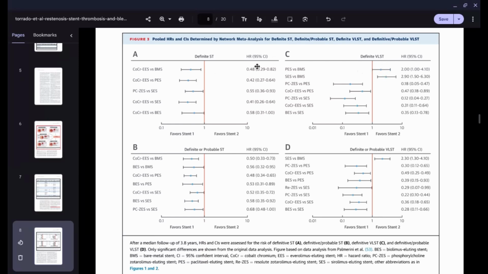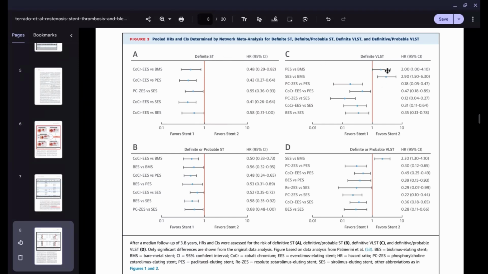And of course there is also a distinction between stent thrombosis and very late stent thrombosis. They are further trying to differentiate definite or probable stent thrombosis, and definite or probable very late stent thrombosis. So the endpoints are very different. With regard to the hazard, the danger event is defined differently.